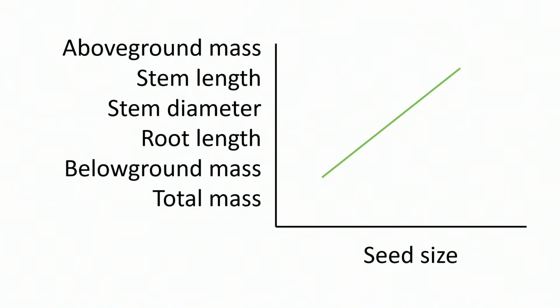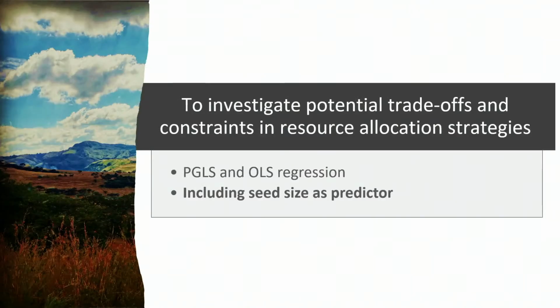What we did see was a positive correlation between seed size and a bunch of other traits, particularly traits that relate to the size of the seedlings. So then we reran our analyses, and we included seed size as a predictor variable, thinking that maybe now we would get some trade-offs, but we still didn't. So at least for the traits that we were looking at, we didn't see any evidence for trade-offs at this young age.